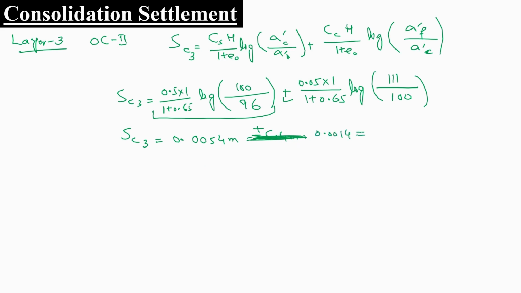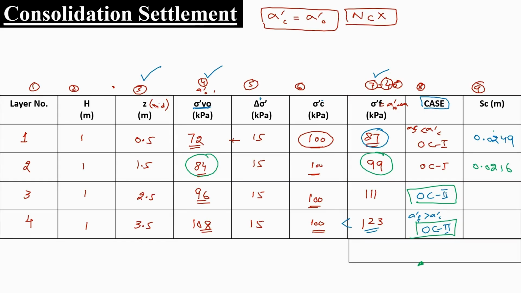When we add this one, this will be 0.0068 meters, or you can say 6.8 millimeters. So for going in the table you will write 0.0068 meters. Just write values of SC in the table in meter units.